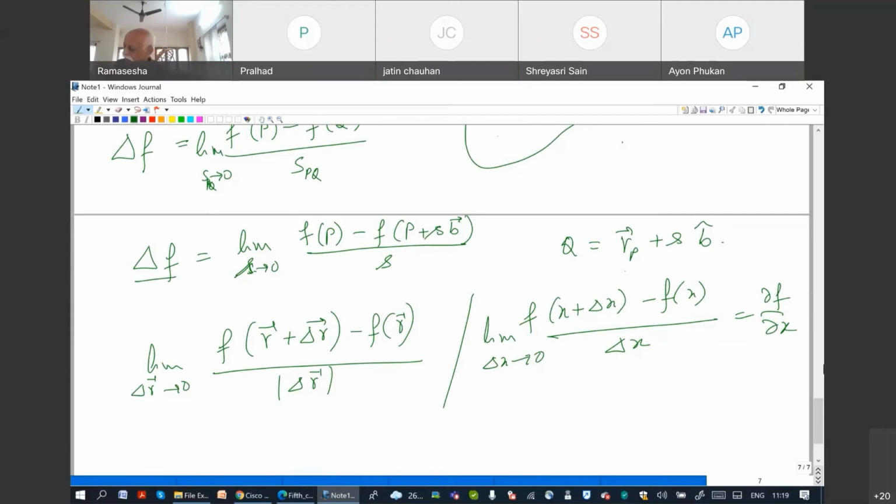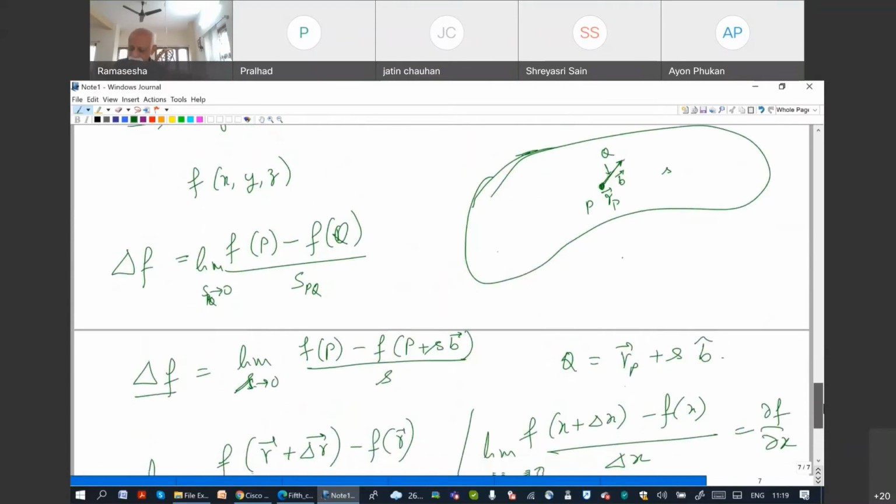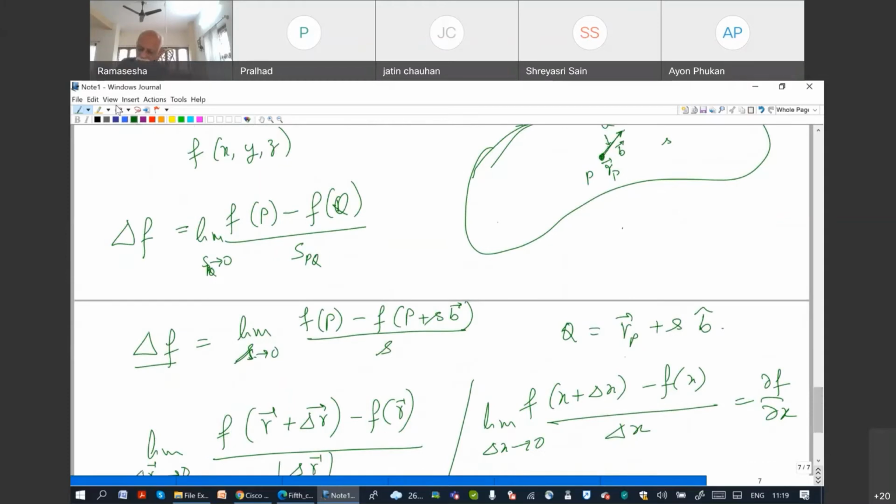On the right hand side, I understand your problem. Along the vector B, so this is what I showed. Along the direction B. Is it clear now?